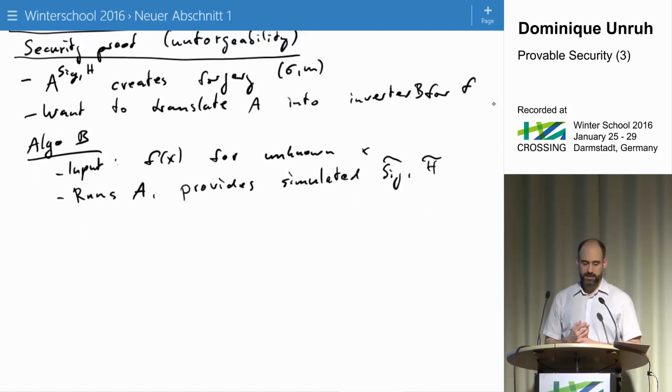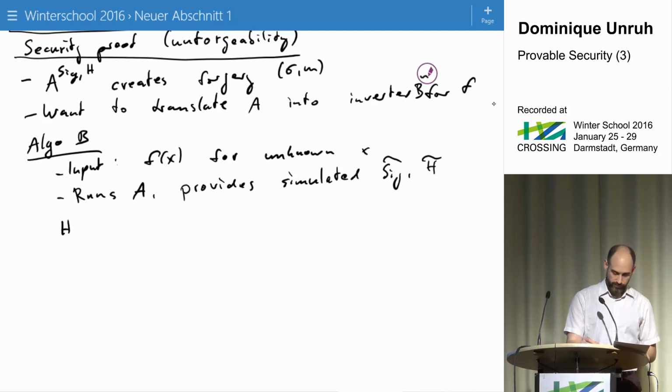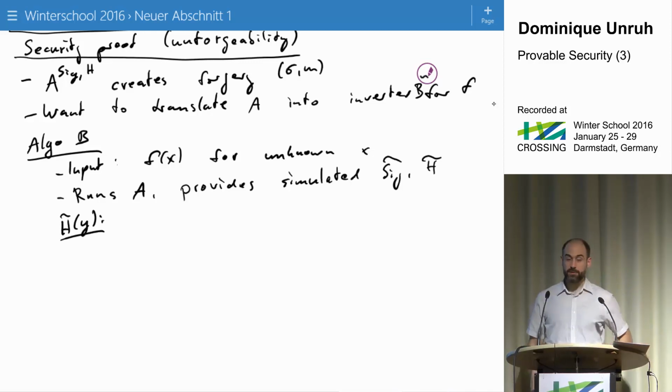So let's see how these two simulations work. Whenever the adversary queries h tilde of y, the algorithm B needs to come up with a suitable answer.